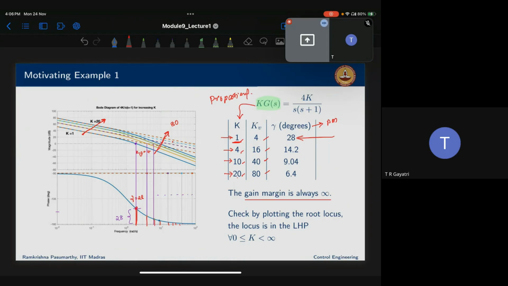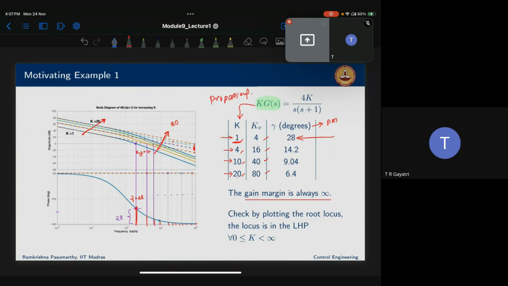The gain margin is always infinity. What is the gain margin? The gain margin is where this connects with the 0, and that's always infinity. So you could change the values from 0 to infinity and see whether you met these requirements or not.